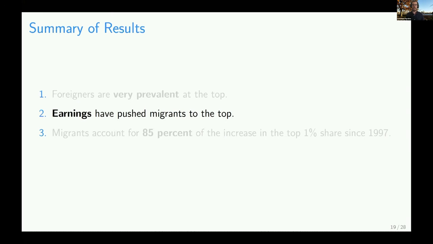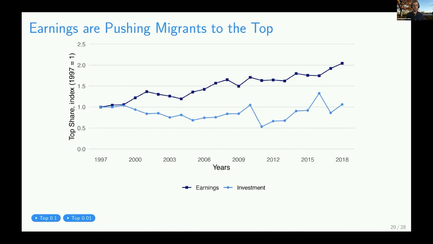They moved to the UK already rich, and one could wonder whether they're just moving to the UK and enjoying their income from assets held abroad. We show that this is not the case for the majority of migrants. While for sure these types of cases exist, they're not the majority. And indeed, the trend that I showed you before is really pushed by migrants' earnings.